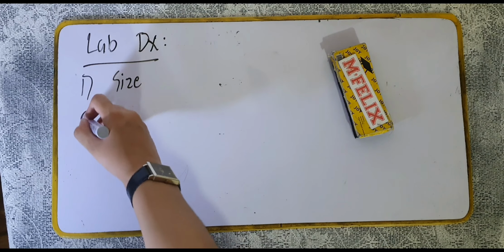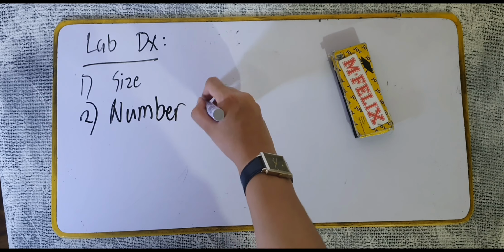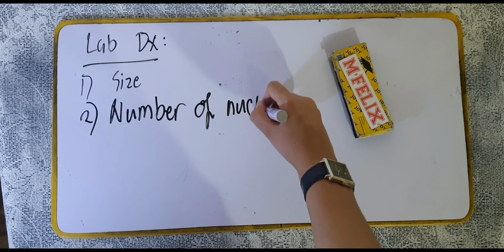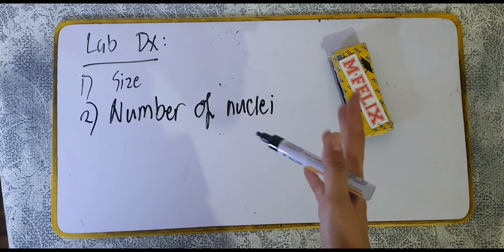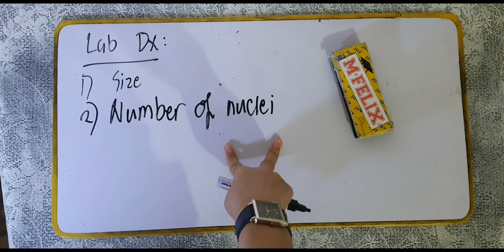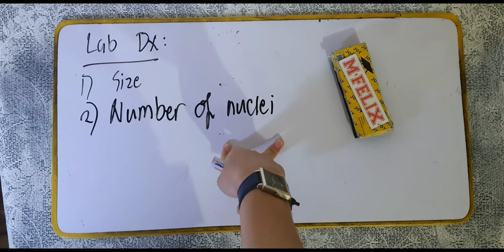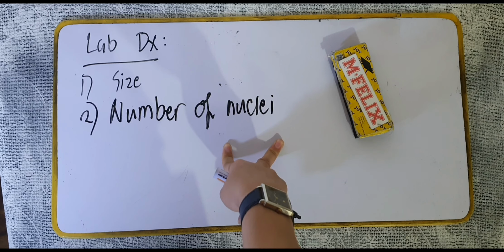What else? The number of their nuclei also. You have to take note of the number of nuclei, especially whether it is a mature cyst or an immature cyst. You can also use it as a basis for differentiation from other commensal amoebas.